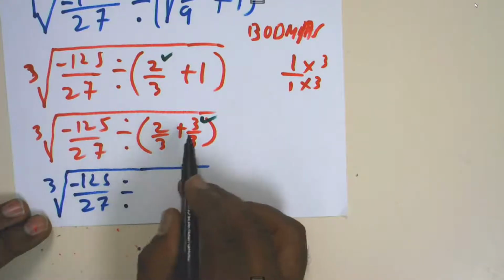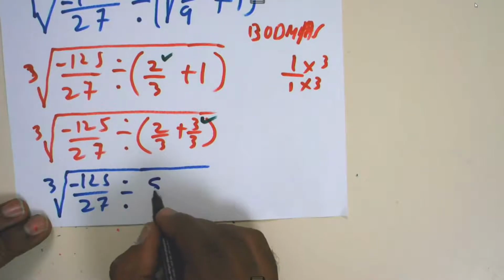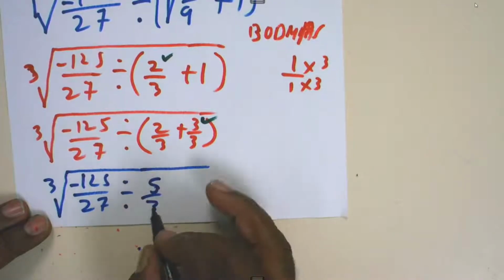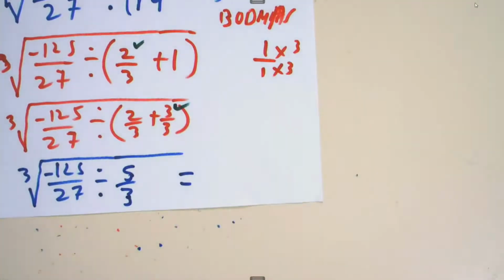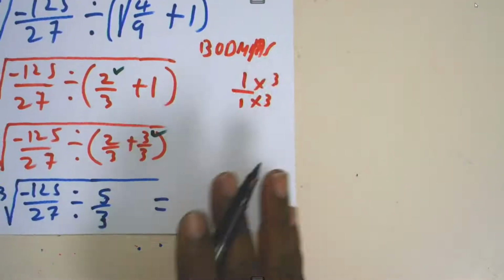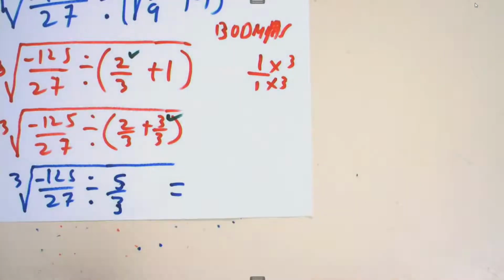So now, by removing our bracket, it is 5 over 3. By removing the bracket, it's a process of simplifying. Using your BODMAS, it's steps of simplifying, step by step, piece by piece. I don't want to say mathematics is an elephant that you eat piece by piece, but like any other thing, you follow the rules.